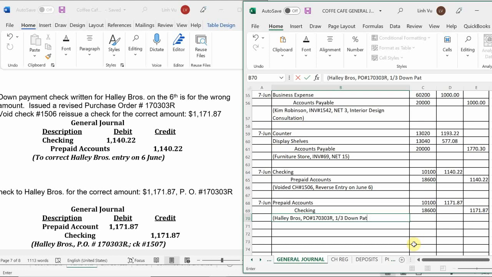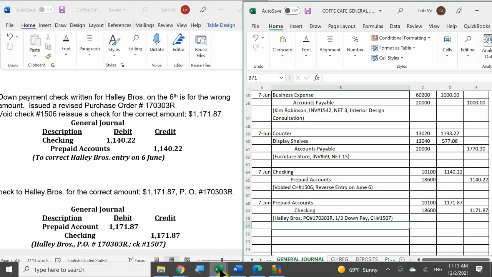Okay? Down pay. And you used check number 1507. Okay? All right. So once again, you need to go ahead and place it back into your ledger and then update your subsidiary ledger as well.